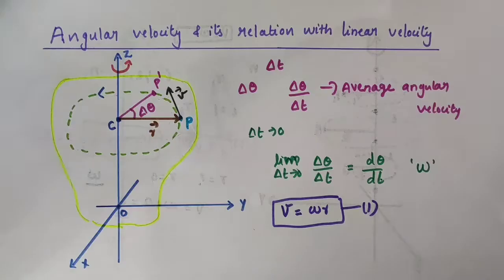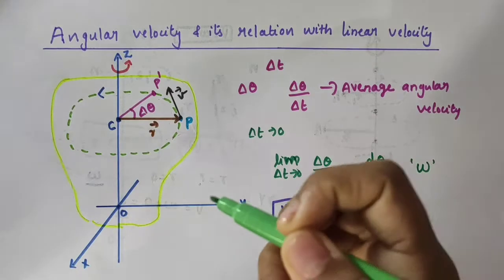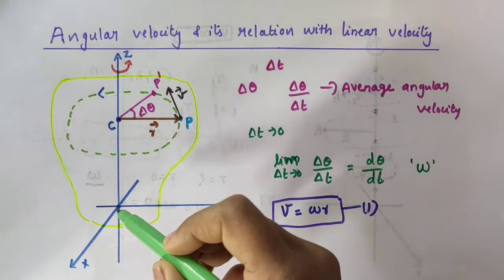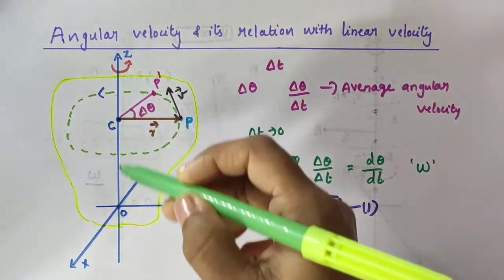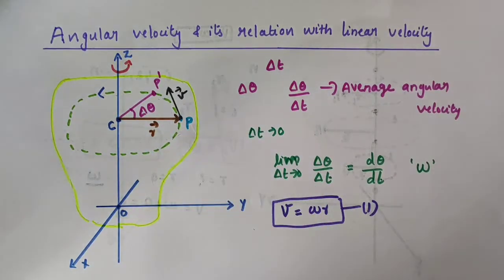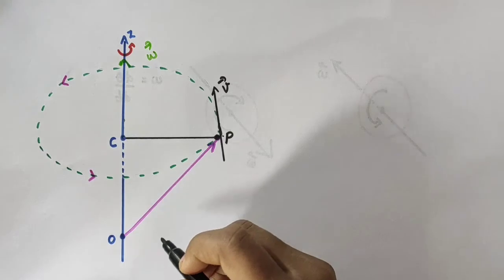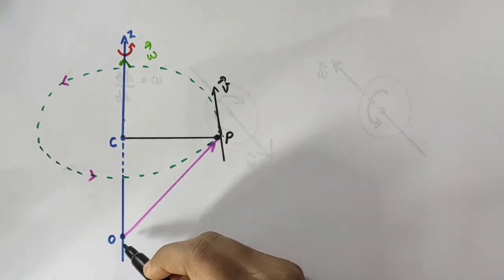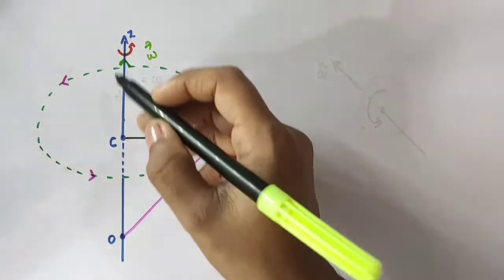Alright. Now, in the figure we considered earlier, the origin is here, and it is on the axis of rotation too. In this figure, I have marked the origin O somewhere here.